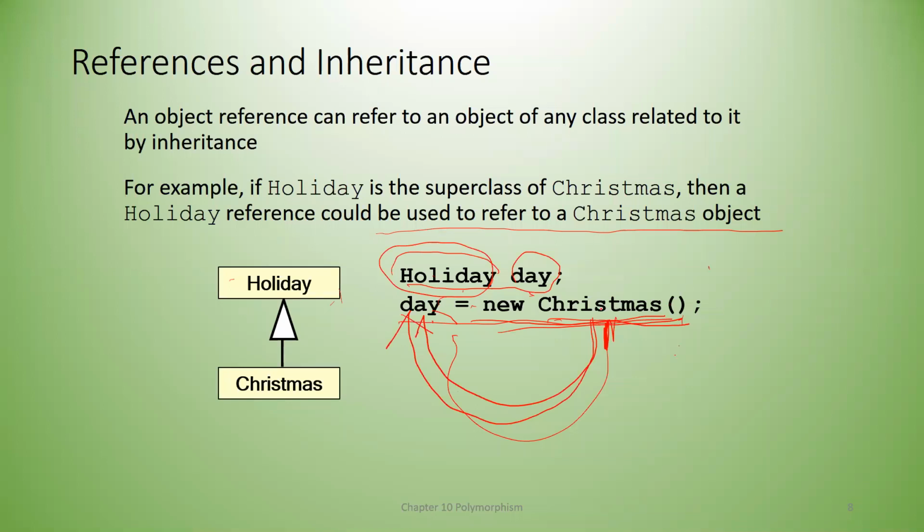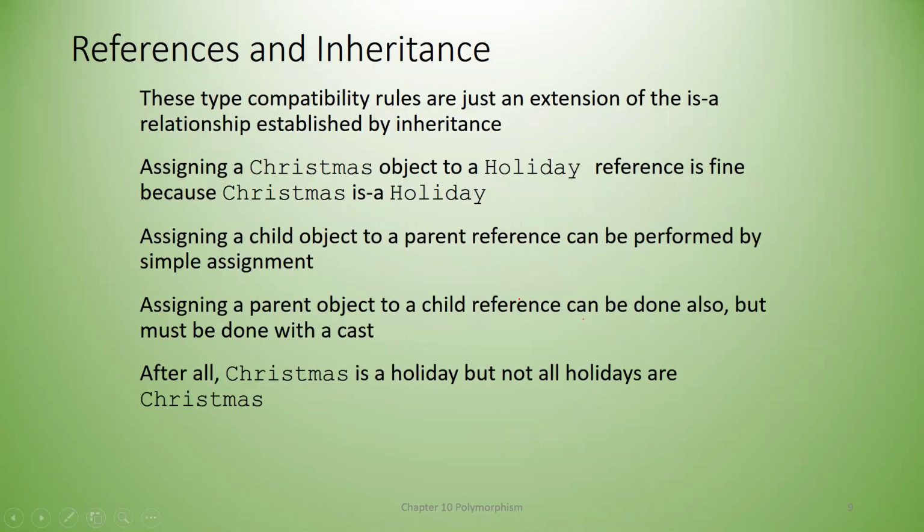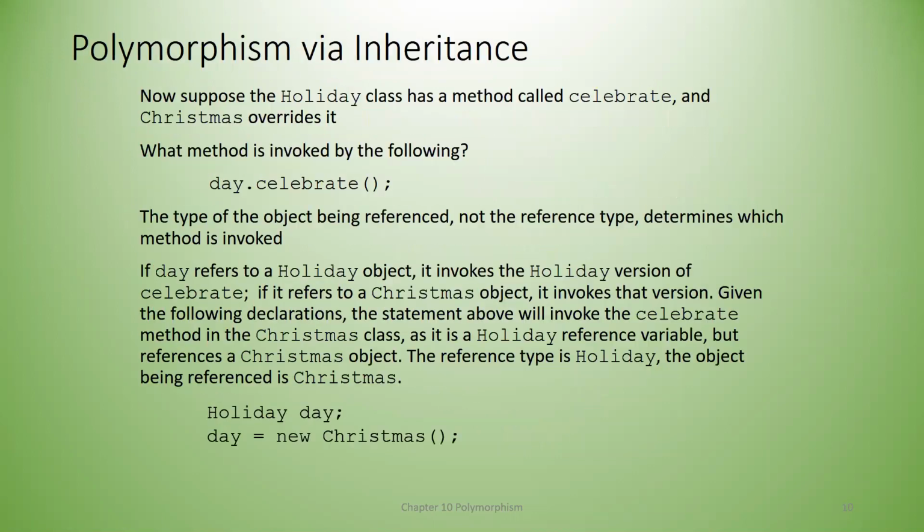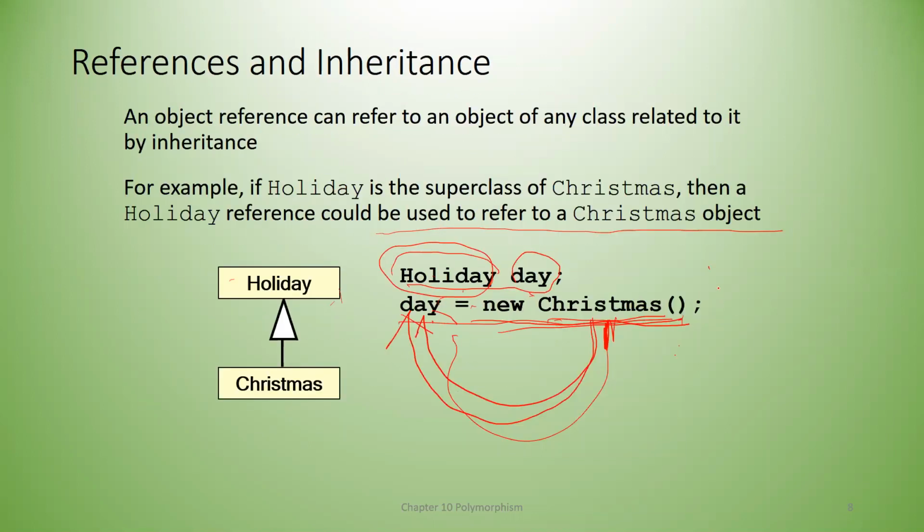So you ask yourself, is Christmas a holiday? If it's yes, you can do this. If it's no, then you cannot do that. So that comes to this example. If you change this to Christmas day, and then you say day is equal to new holiday, this will not be okay.